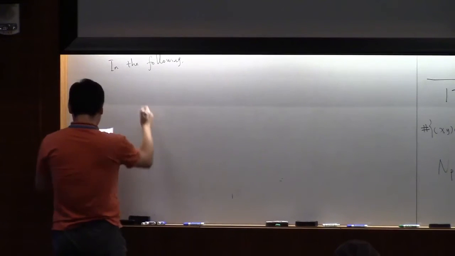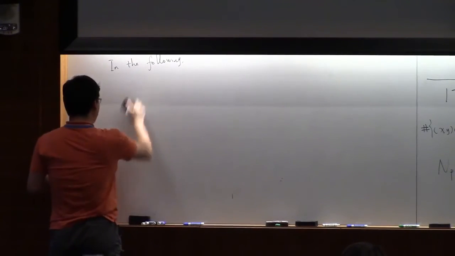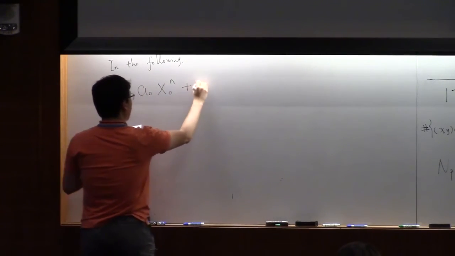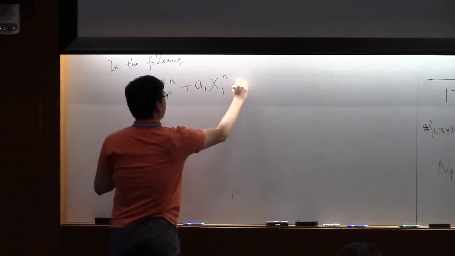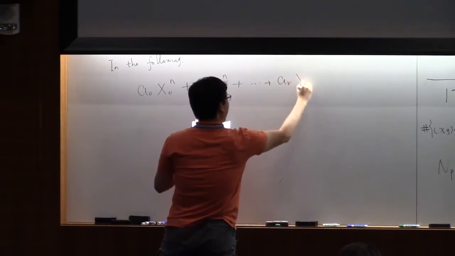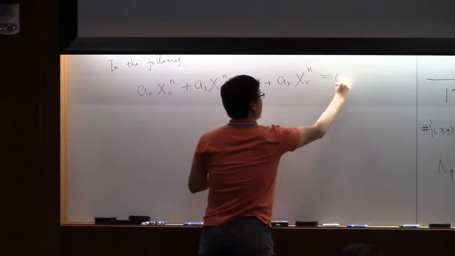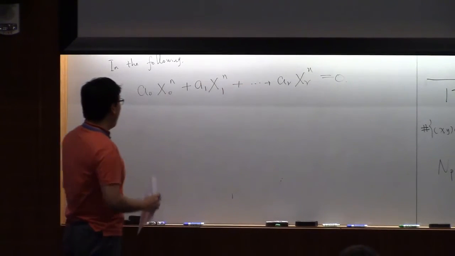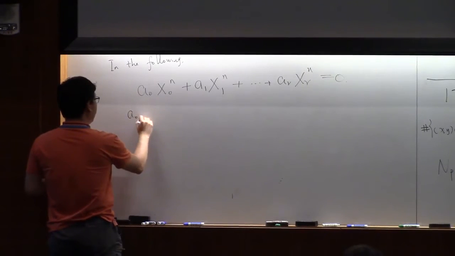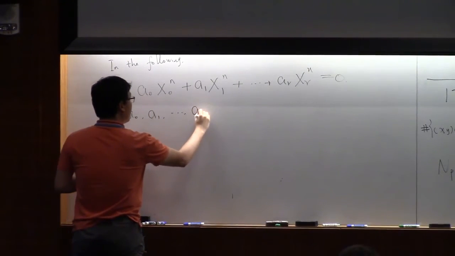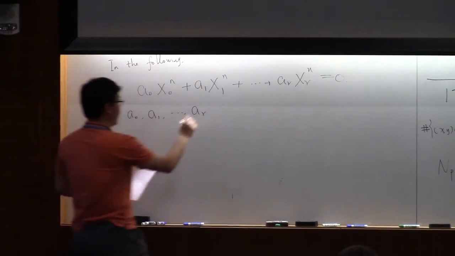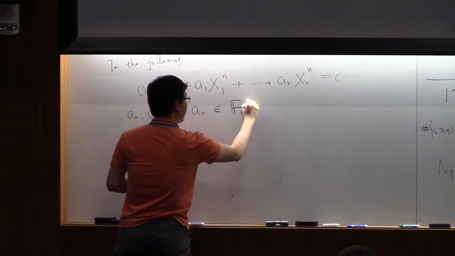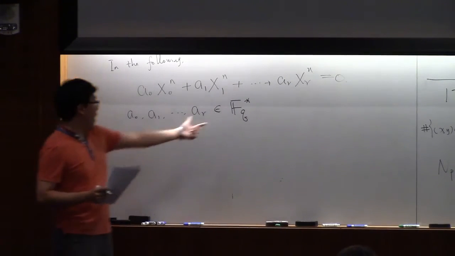We consider a homogeneous equation a0 x0 to the n plus a1 x1 to the n plus up to ar xr to the n equal to 0. This is a homogeneous polynomial. And here a0, a1, up to ar are non-zero elements over a finite field.